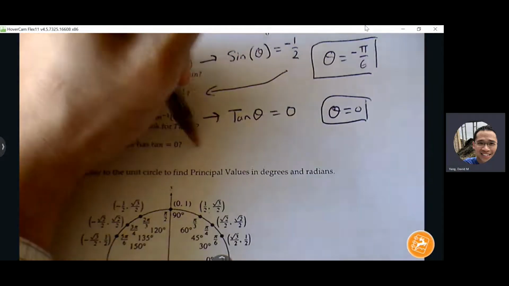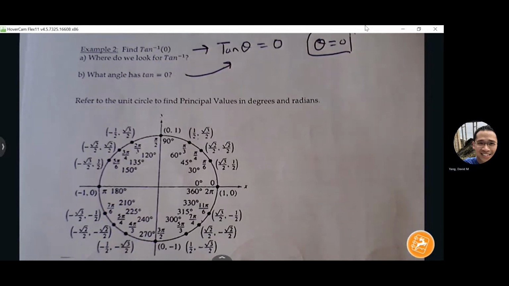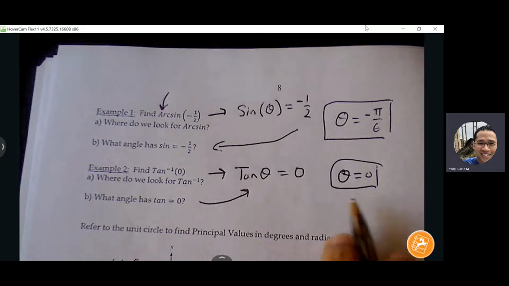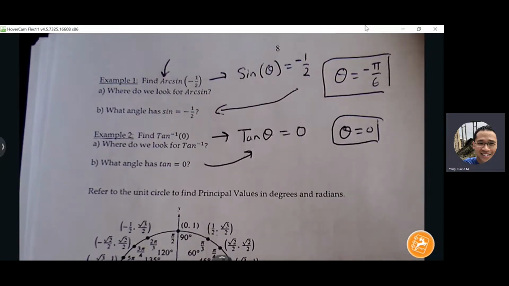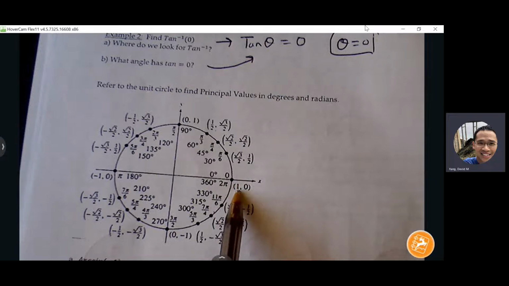So we answered A and B just by writing it that way. Just the 0, because at radian measure 0, my tangent value ratio is 0.